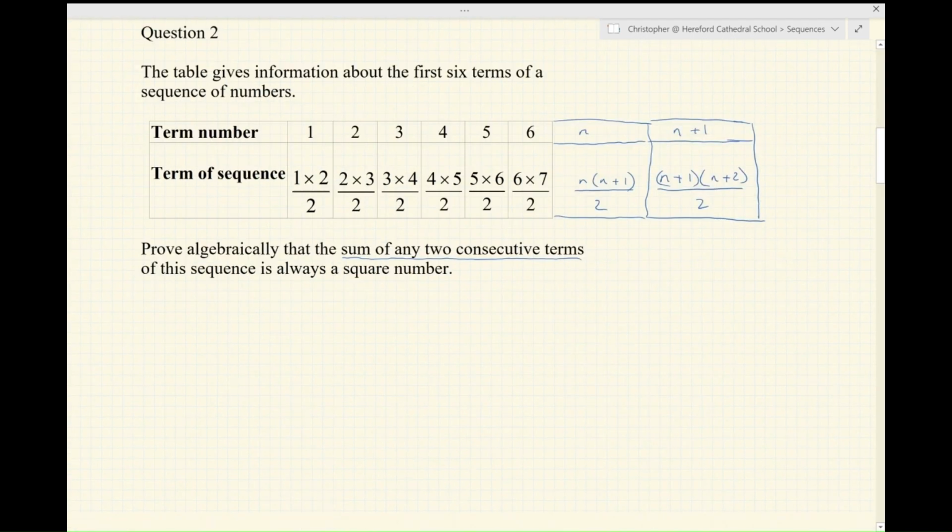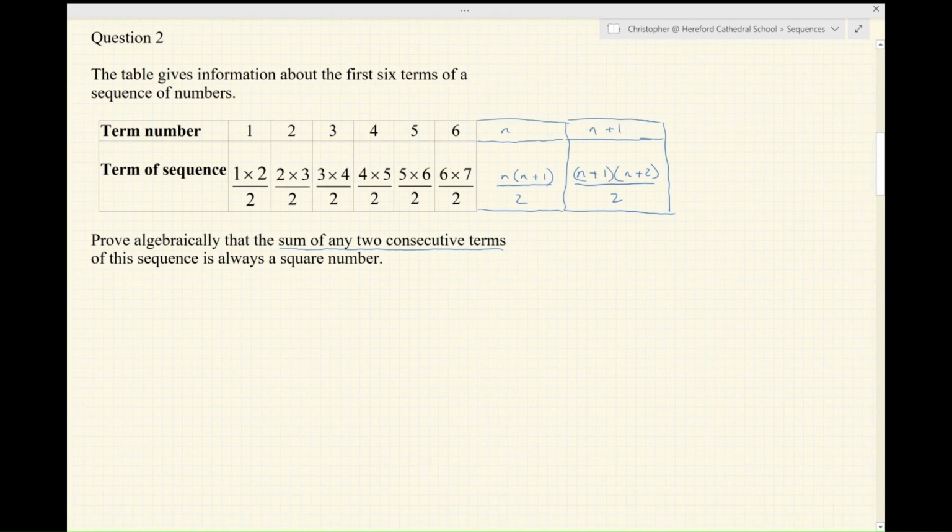Now I've got to look at the sum of those consecutive terms. So I'm going to add up my two algebraic expressions. I've got n lots of n plus 1 over 2 plus n plus 1 multiplied by n plus 2 over 2. Let's write that under the common denominator.